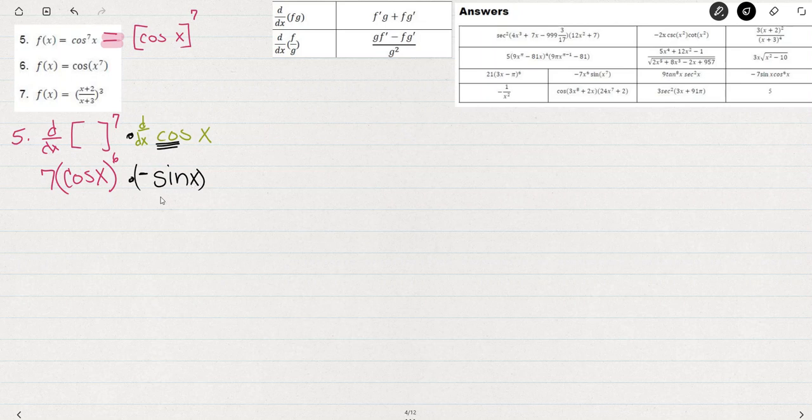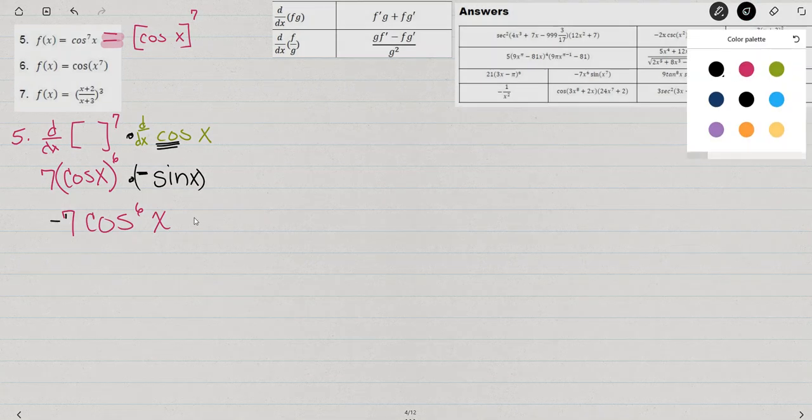So what is this going to look like? I'm going to pull this negative out in front. So we'd have negative 7. And I'm going to write this cosine to the 6 in this better format, times the sine of x.